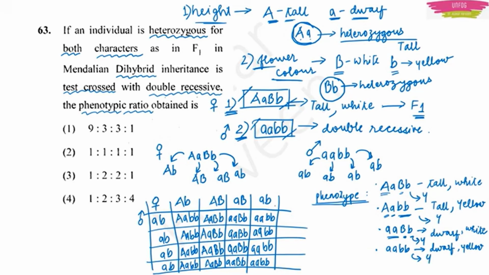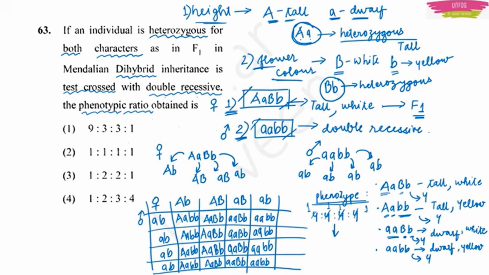Now, these are the total genotypes we have, and from those genotypes we made out the phenotype also. Now, what is the ratio of these 4? It is 4:4:4:4. But this ratio should be represented in its simplest form. We can cancel out: 4 ones are 4, 4 ones are 4, 4 ones are 4.